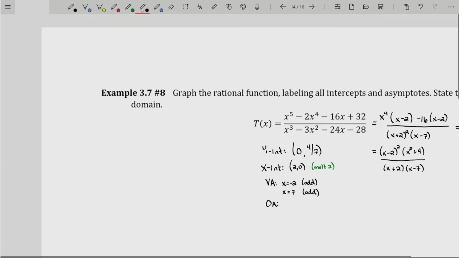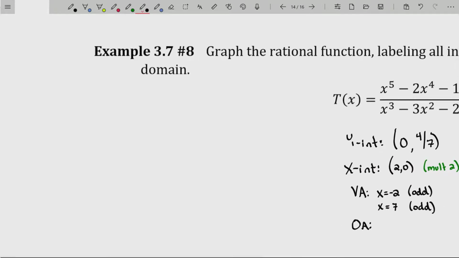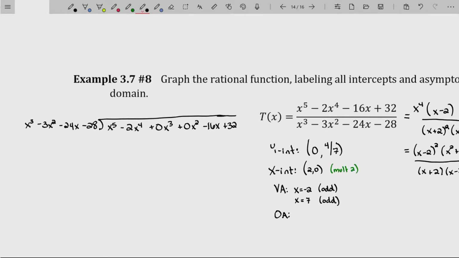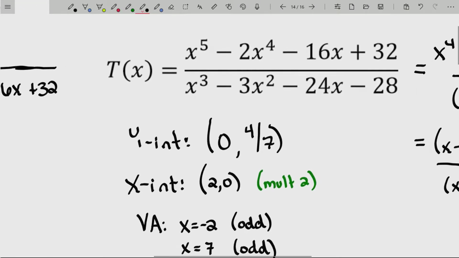Now, in this case, the long division is going to be a little bit longer than the long division before. So let me pause this and at least get this set up. And I just realized right when I did this that that is not going to be a 4/7. If you let x equal 0 there, you get 32 over, wow, that's what I get for not paying attention, right? If you let x equal 0, you get 32 over -28.